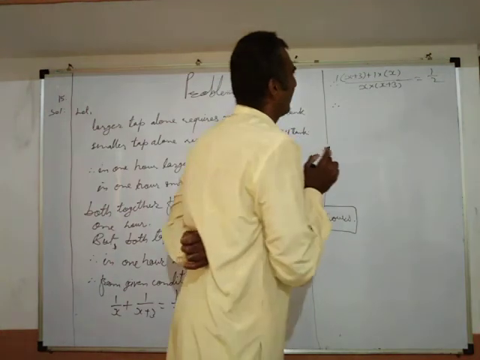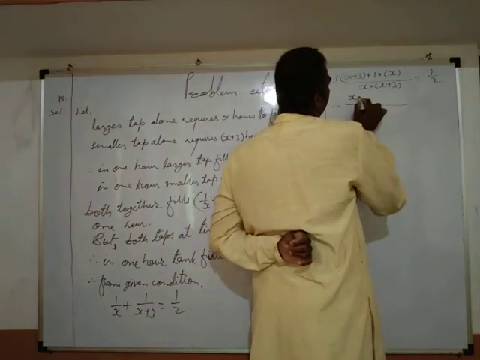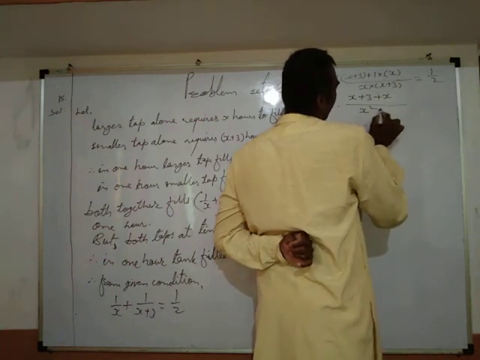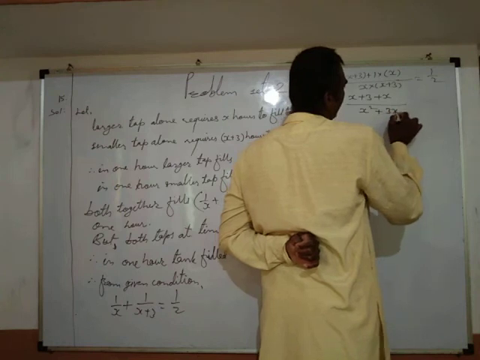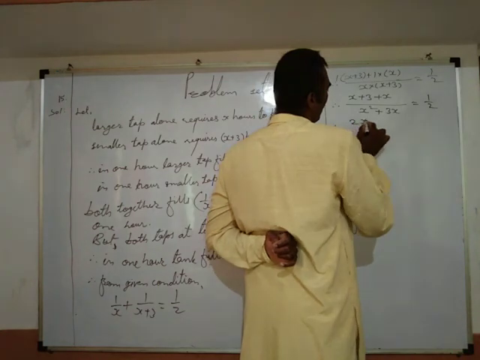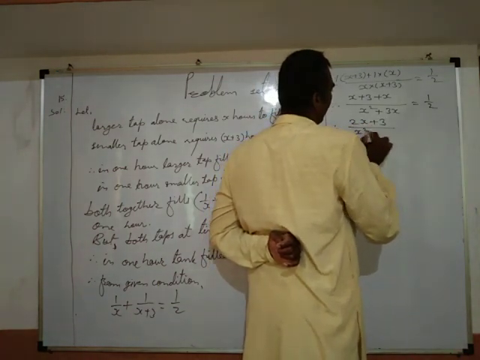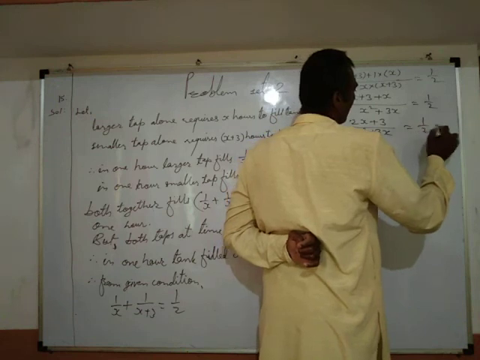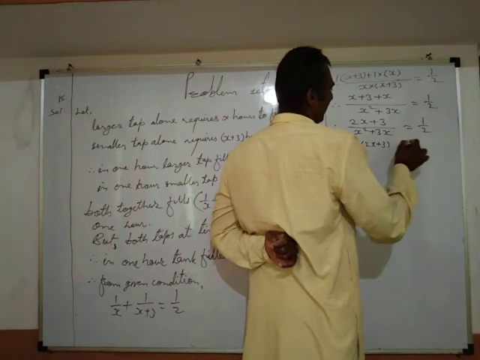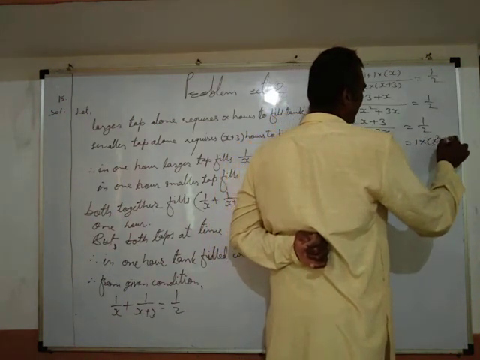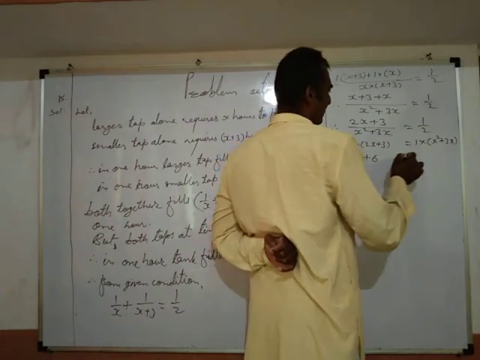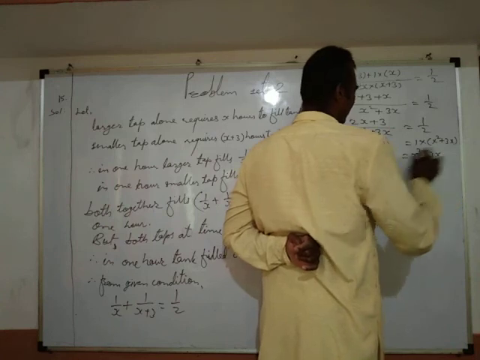On simplification it gives x plus 3 plus x upon x square plus 3x equals 1 upon 2, and therefore 2x plus 3 upon x square plus 3x equals 1 by 2. On cross multiplication, 2 into 2x plus 3 equals 1 into x square plus 3x, and therefore 4x plus 6 equals x square plus 3x.